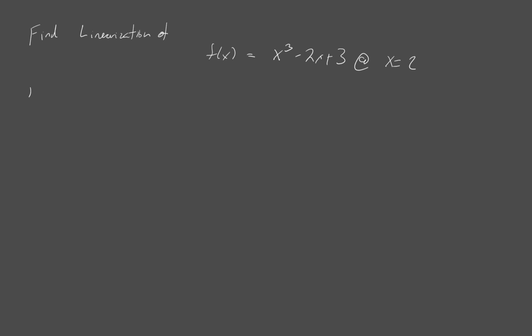So we're going to write L of x, because that's what the book is calling these things. I like t because it's a tangent line, but linearization for L, that's fine too. So this is going to be f of 2 plus f prime at 2 times x minus 2. Right, so that's just our point slope form, right?